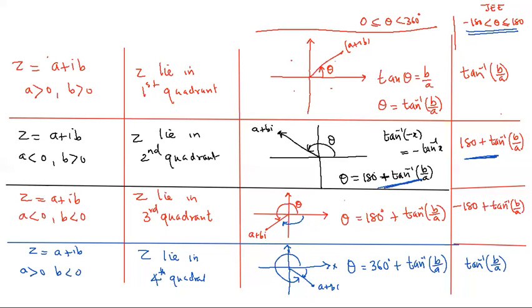Because this angle is minus 180, and from that we have to remove this. So that's why minus 180 plus tan inverse b by a. Whereas in this one, I want only this angle. Automatically b by a is negative because a is positive and b is negative, so the minus sign will keep it within this quadrant.